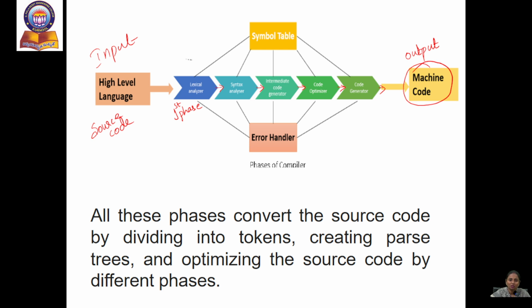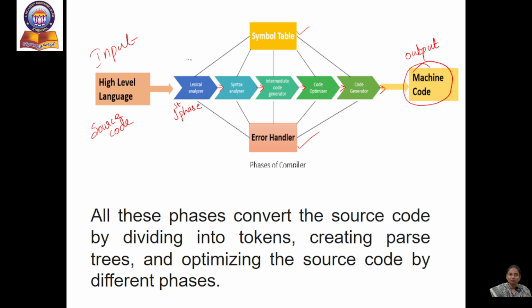In between all these phases, any error identified in any phase will be reported to the error handler. The symbol table plays an important role here. The symbol table maintains how the conversion or transformation has been done from the high level language towards the machine level language in each and every phase.